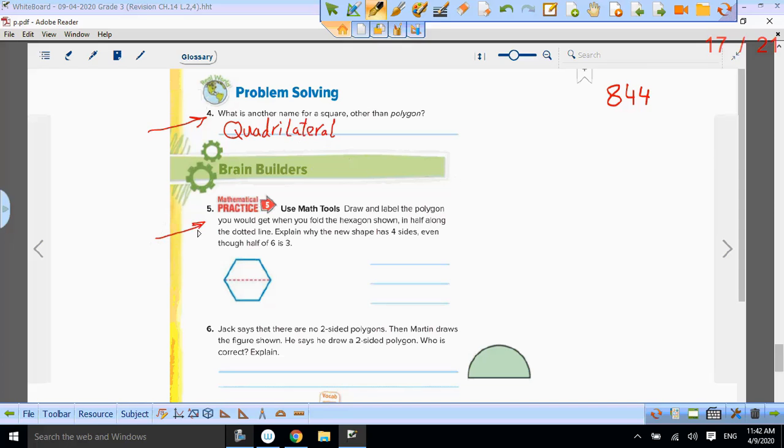Now, question 5. Draw and label a polygon you would get when you fold the hexagon shown in half along the dotted line. When you fold this shape along the dotted line, it will be like that. See with me?